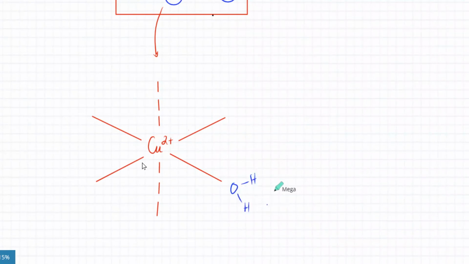Water molecules are highly polar molecules. They've got lone pairs which have a very strong negative charge. The hydrogen has a positive charge, but focus on the lone pairs. The lone pairs are going to be very strongly attracted to this copper 2 plus, from all sides. They'll be trying to approach this particular copper 2 plus ion from all sides. All the lone pairs are going to be attracted to this copper 2 plus.